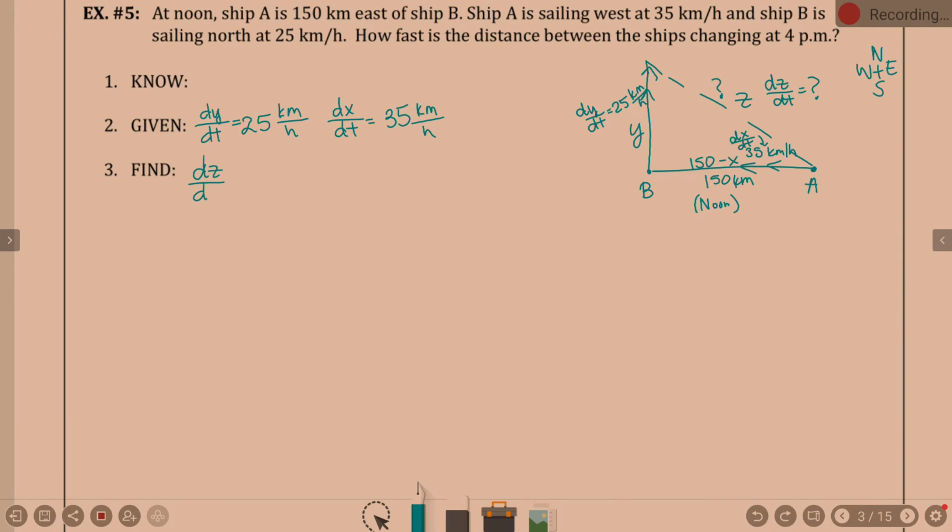We're being asked to find dz/dt, and I'm going to say at 4 p.m. So we got here like the dz/dt over the line. Well, I didn't do that just because it's not that we have a value we're putting in 4 for. Not exactly. Hold that thought, okay?